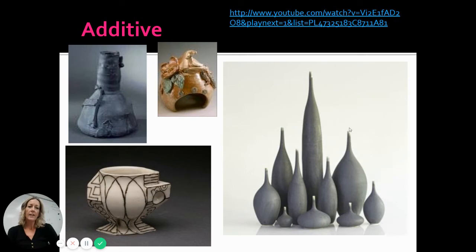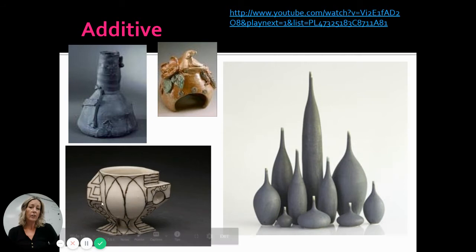Adding that hand building to it allows you to elongate that neck so much taller and more elaborate and exaggerated than you could do just on the wheel. You can change the entire form tremendously with the additive.